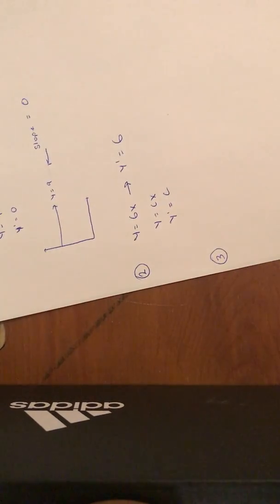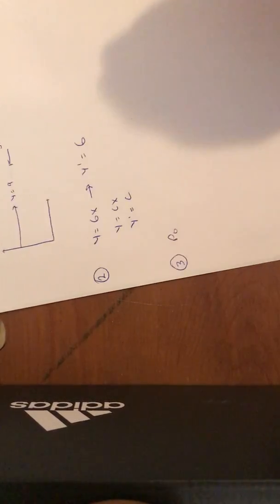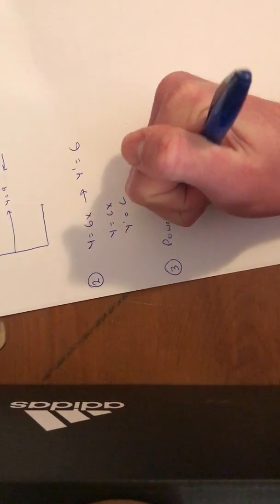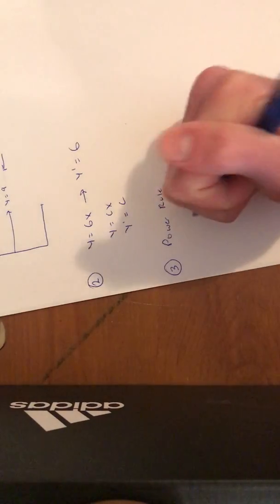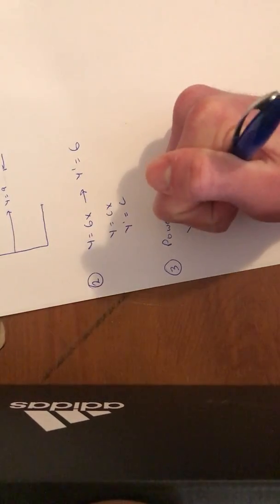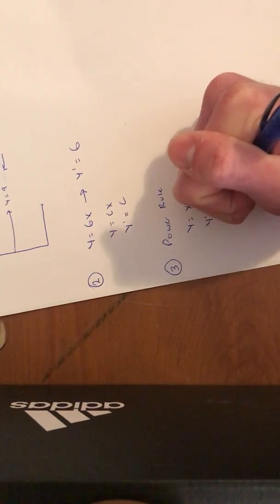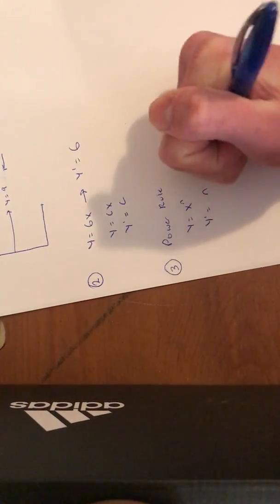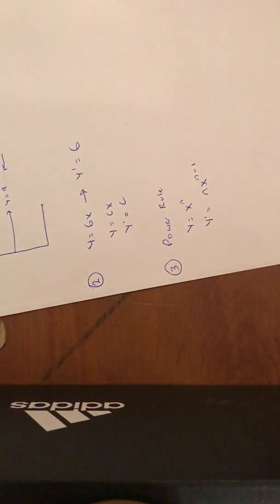The next rule kind of goes along with that rule, and it's called the power rule. This basically says that y equals x to the n, y prime equals n times x to the n minus 1.